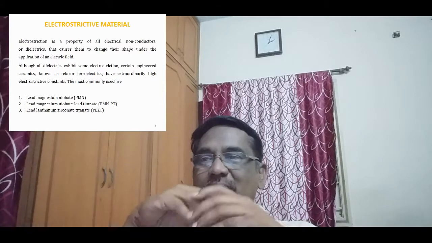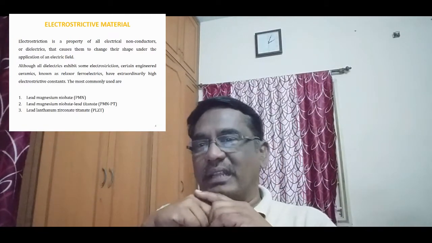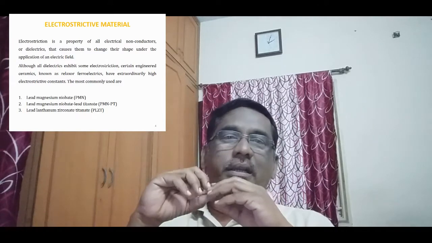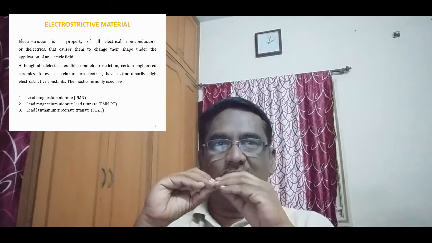All dielectrics exhibit some electrostriction. Certain engineered ceramics known as relaxor ferroelectrics have extraordinarily high electrostrictive content, and we are using such materials for our smart structures applications. If anything changes its shape due to the application of electricity, without electricity and magnetism, smart structure devices cannot be made.